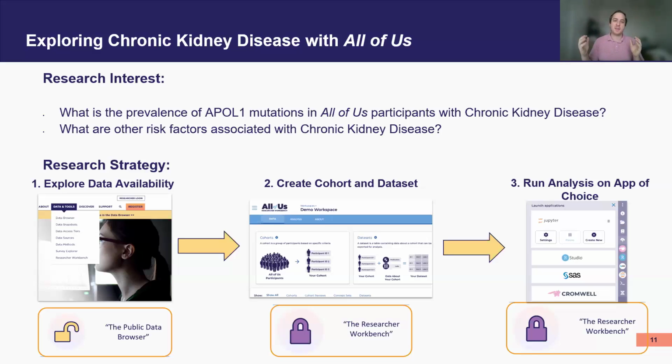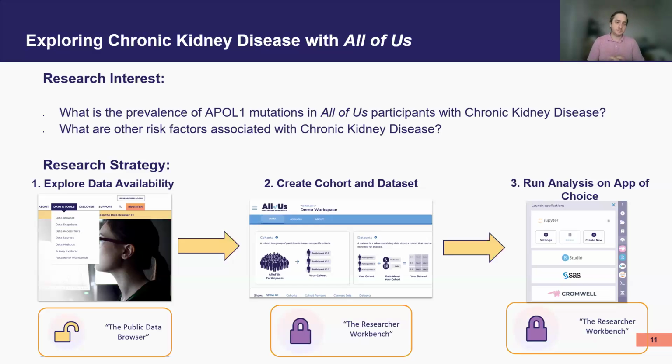And if we want to expand that and look at other risk factors associated with chronic kidney disease, we can also look at other things beyond just the genetic data that's linked to these participants. We can look at electronic health records, what other conditions seem to be linked, if there's demographic factors, if there's things that come up in their surveys. So we can look at all these different types of data that can potentially affect it.